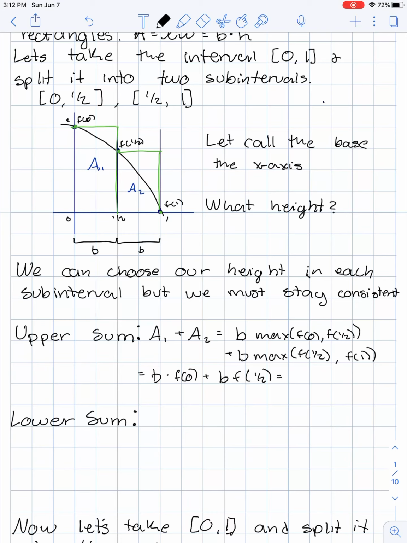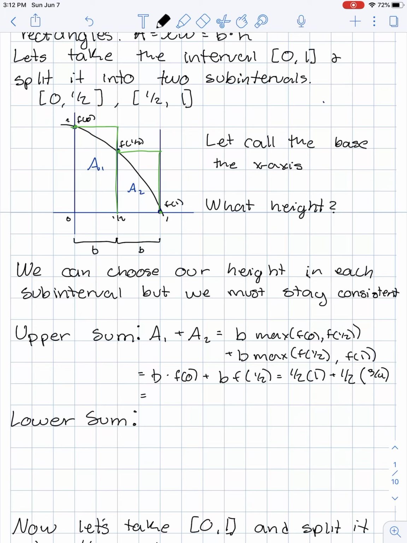So in this case, the difference between 0 and 1/2 is 1/2. So that's our b. f of 0 is 1, plus 1/2, which is b again. And f of 1/2 is 1 minus 1/2 squared. So 1 minus 1/4 is 3/4. Right?